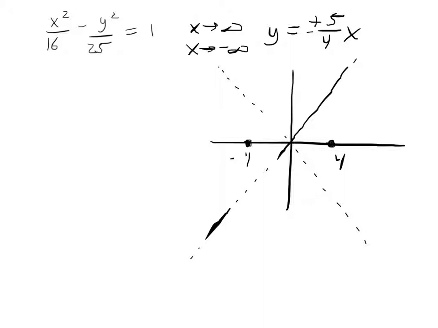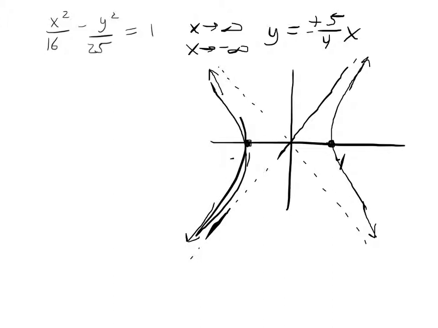Now, we've said as x gets larger and larger, I'm going to approach either that 5/4 x, or I'm going to approach that negative 5/4 x. Or as x gets smaller and smaller, I'm going to approach that negative 5/4 x, or that 5/4 x, and you can then see how the branches of your hyperbola are going to appear.